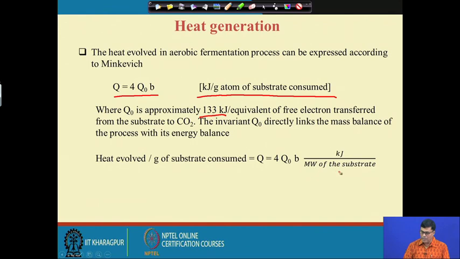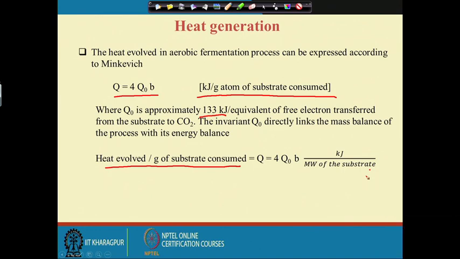If you divide by the molecular weight of substrate, it will be heat evolved per gram of substrate consumed. If you divide by the yield coefficient, you can find how much heat is evolved per gram of cell mass produced.